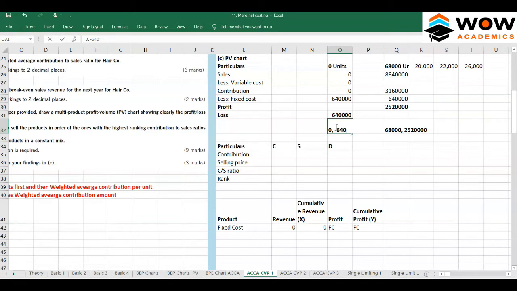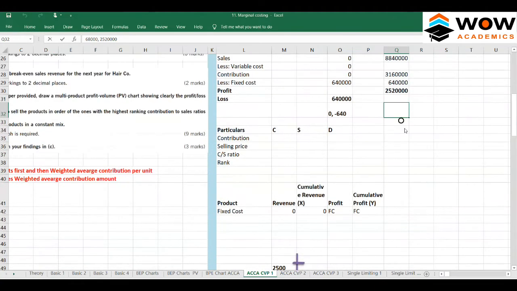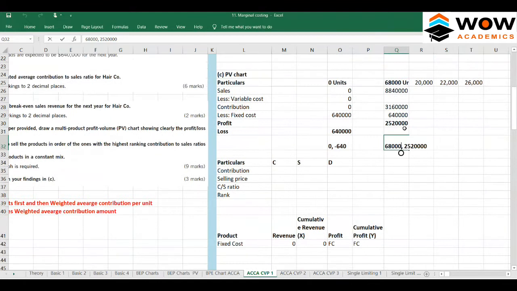Okay, so we will remove 3 zeros because we don't need to. Only in terms of amount we will remove 3 zeros.